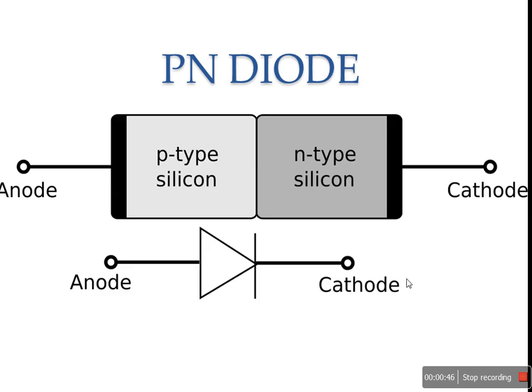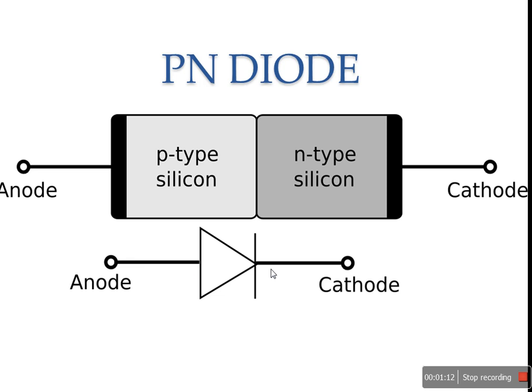It is the semiconductor structure which is having p-type silicon or germanium.